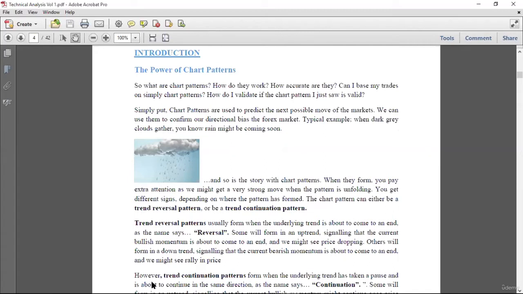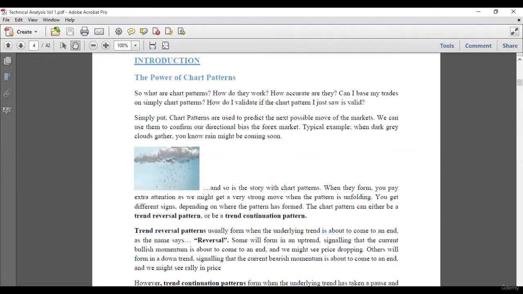Continuation patterns will be in the next book. But on this one, we're talking about reversal patterns. So they usually form when the underlying trend is about to come to an end. So if the market is going up, at the end of the trend, price will normally give you these patterns to confirm that the trend is coming to an end.